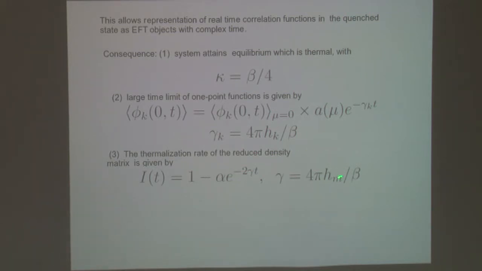I forgot to mention that this h is the conformal dimension of primary fields in our theory, and so it's given by 4 pi h m over beta.